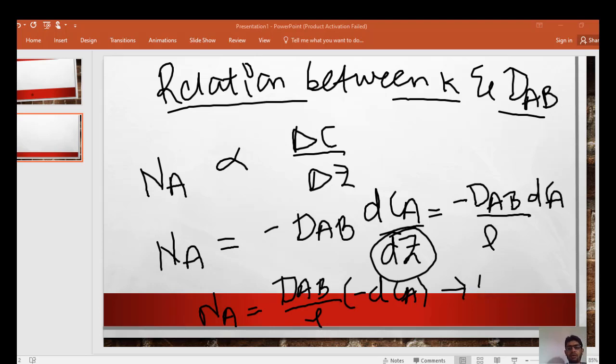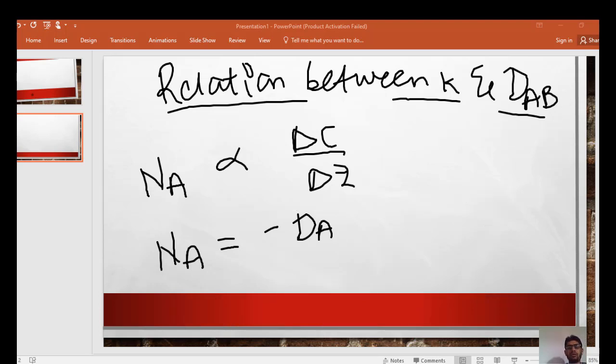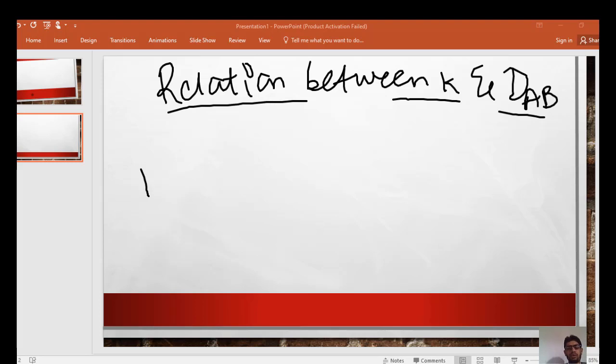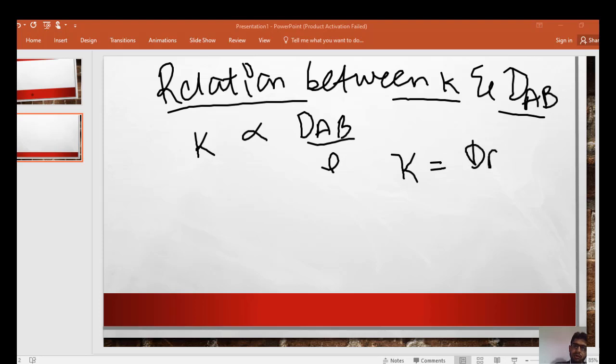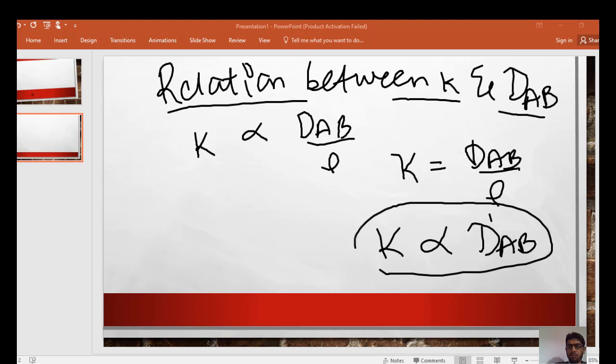So from the film theory, we know that the mass transfer coefficient is directly related to the diffusivity of component A divided by L, or K is equal to DAB divided by L. So the mass transfer coefficient is directly proportional to the diffusivity of A in B to the power 1. This is from the film theory.